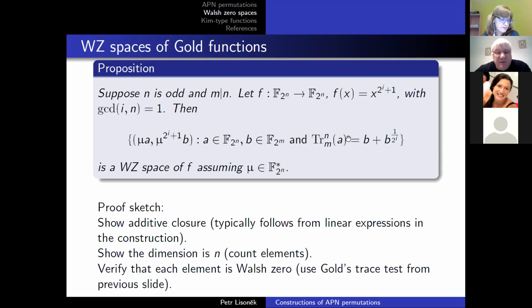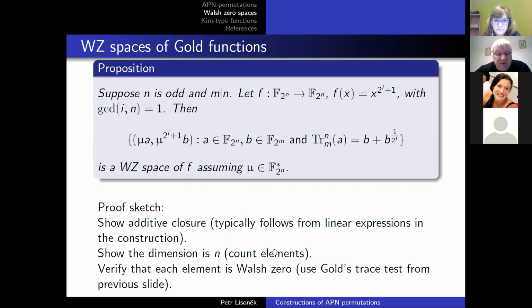So how do we prove these constructions? Well, we show firstly the additive closure, that it's actually a space. That is usually done because the constructions typically involve linear forms. You see we have here a condition that's linear in A and B. So that's how the additive closure is shown. We need that the dimension is n. For that, we typically count elements, here counting the number of solutions to this equation.